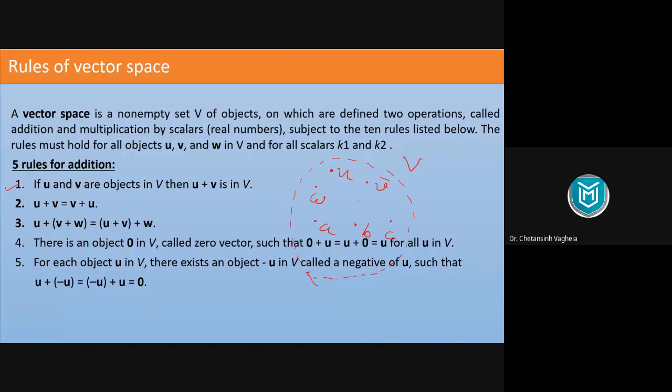It has so many objects. Now, if I choose any two objects from this set, let's say U and V, then their addition U plus V, whatever it is, that new vector or new object, again, it should be part of your set V. It's not like that U plus V is outside of V. That's not allowed. This property or this rule is called closure property.